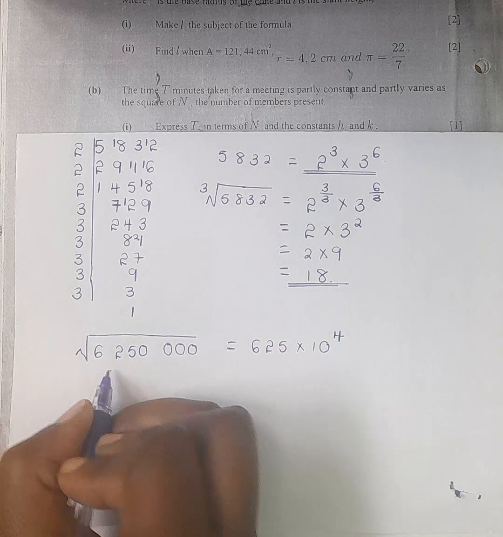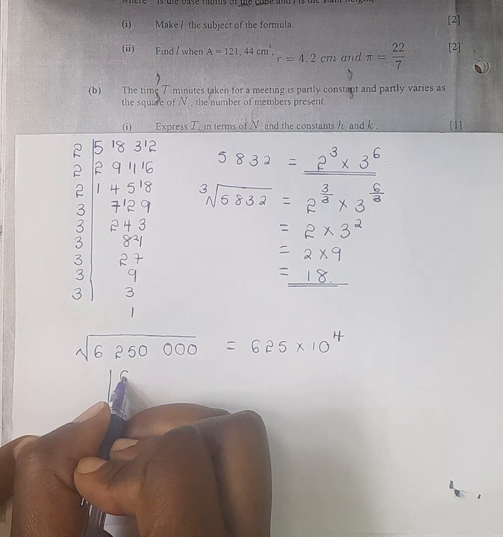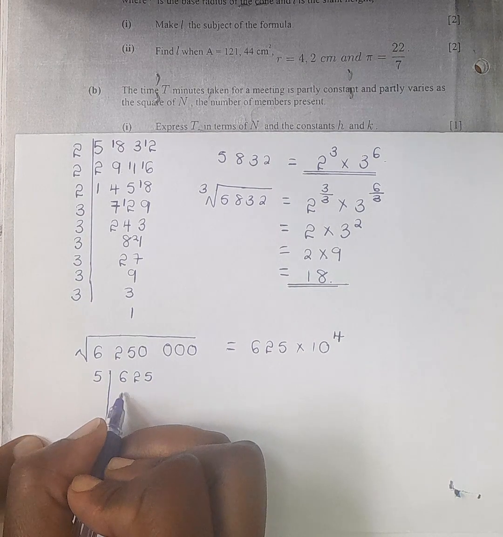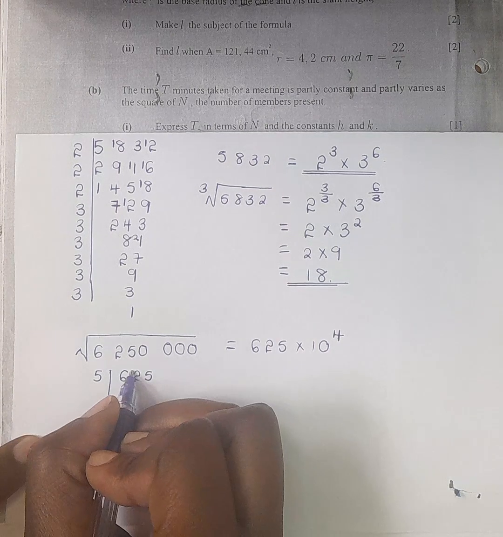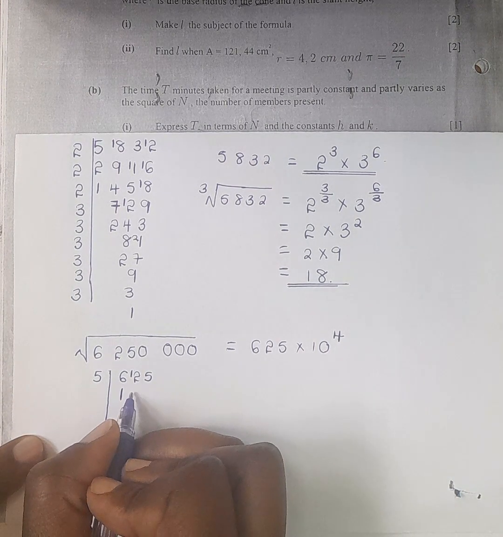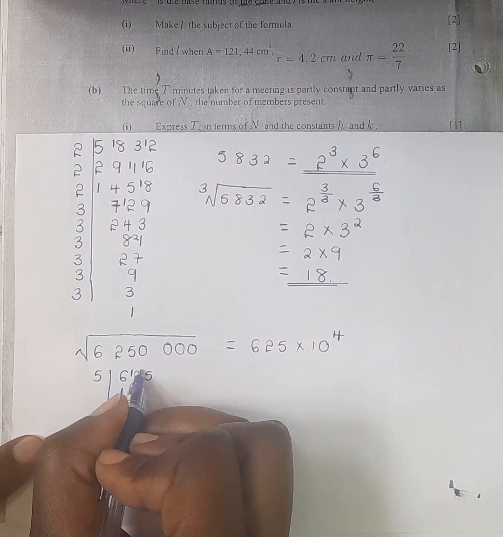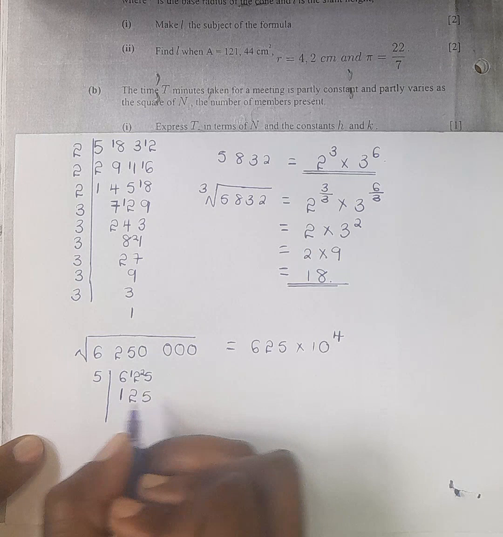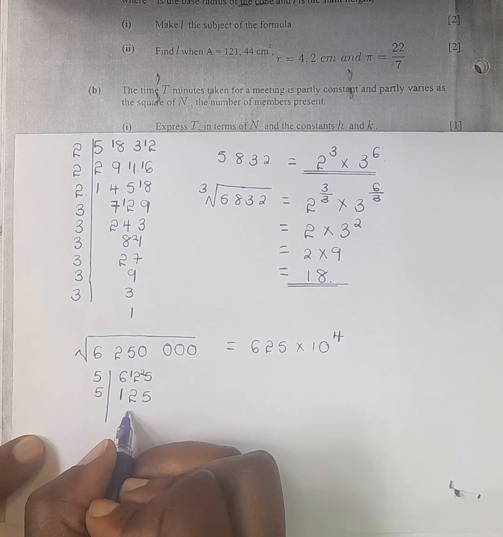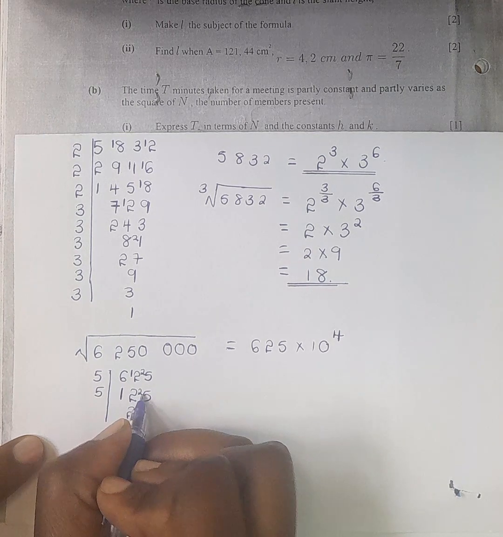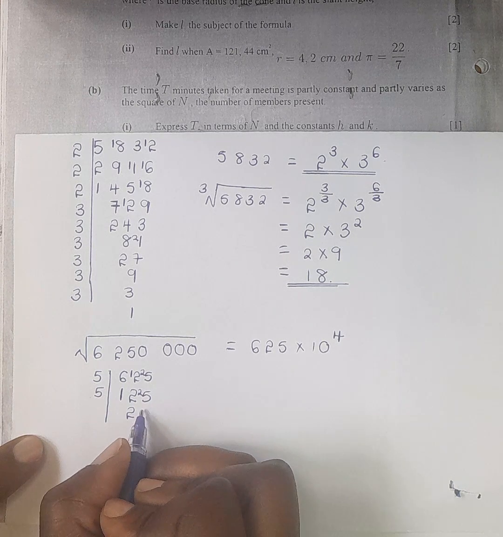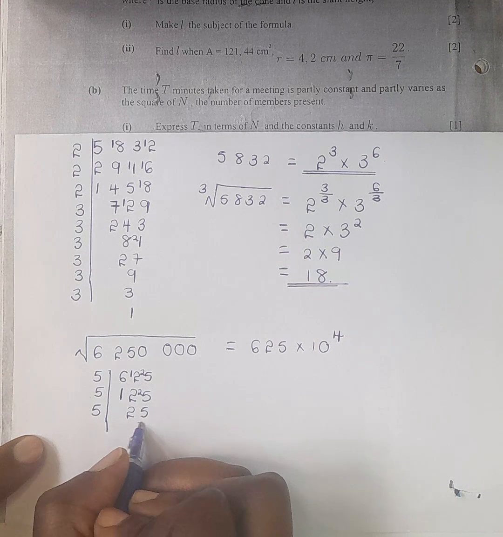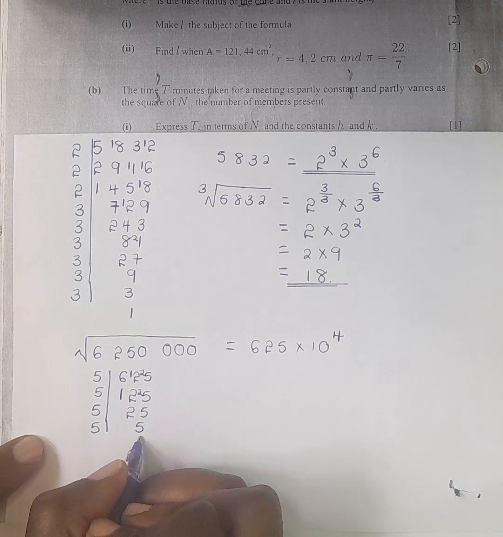Let us calculate the square root of 625. We say 5 into 6, we get 1, remainder 1. 5 into 12, we get 2, remainder 2. 5 into 25, we are going to get 5. 5 into 12, it is 2, remainder 2. 5 into 25, it is 5. 5 into 25, it is 5. 5 into 5, it is 1.